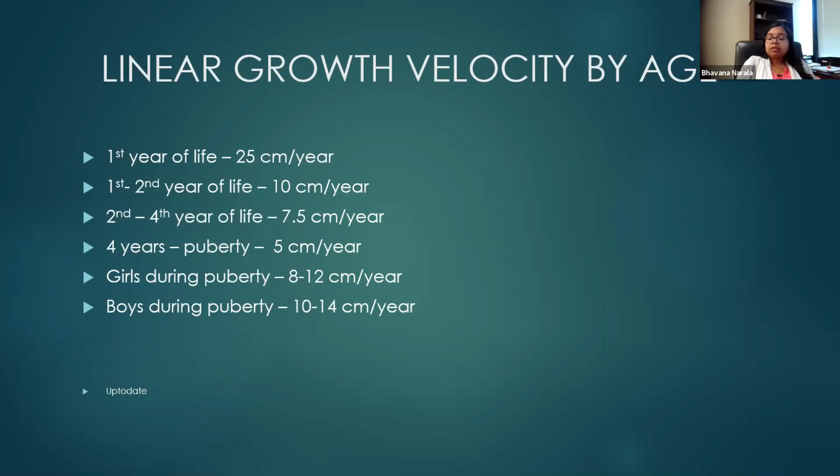If it's a boy and he is, say, 12 and a half, and he is Tanner 2 or 3 for his testes, and his growth velocity is about 4 or 5 centimeters per year, that is very unusual. Peak growth velocity during puberty for boys should be close to 10 to 14 centimeters per year, and for girls during puberty it is about 8 to 12 centimeters per year.